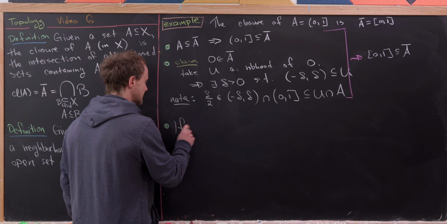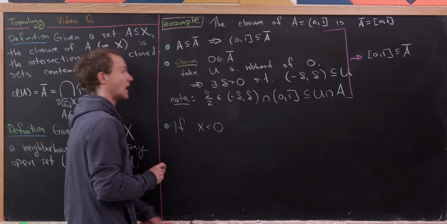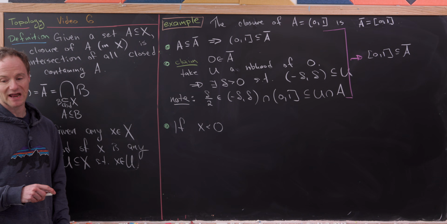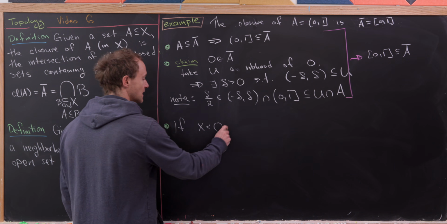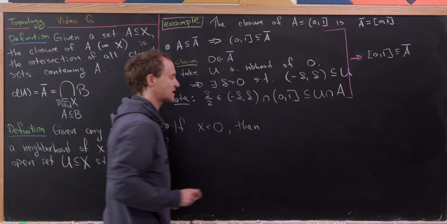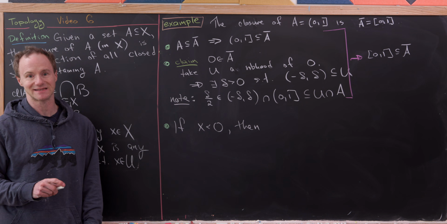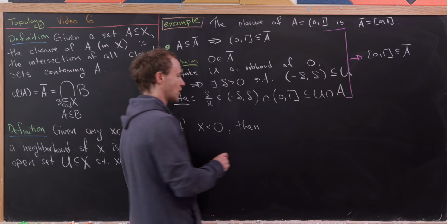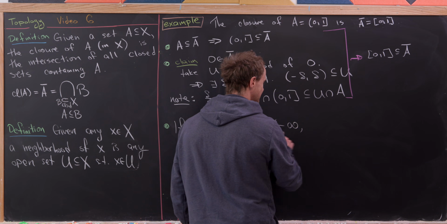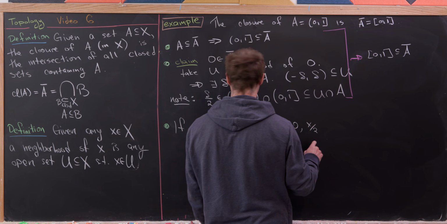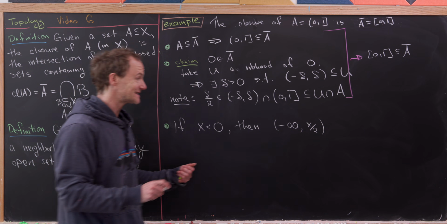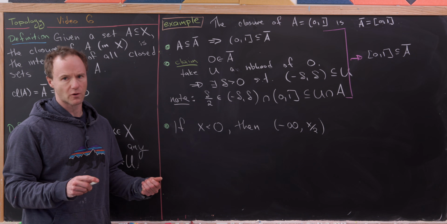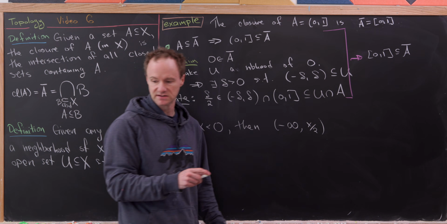Okay, so let's say that we've got something to the left of that interval from 0 to 1. In other words, we have an x less than 0. And then what we'll do is construct a neighborhood of this x that does not intersect A. But that's actually pretty straightforward. Notice that minus infinity to x over 2, well, notice that's a neighborhood of x. And I think that's pretty straightforward to see that that is a neighborhood of x.